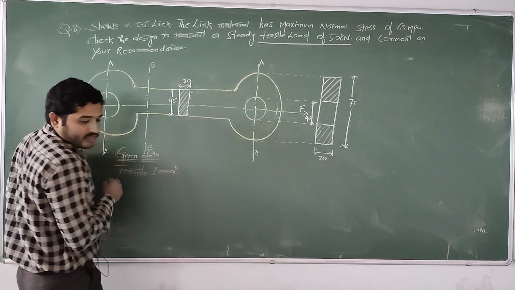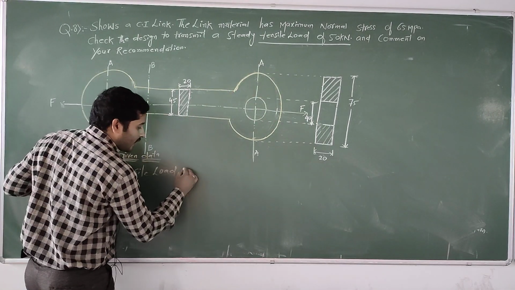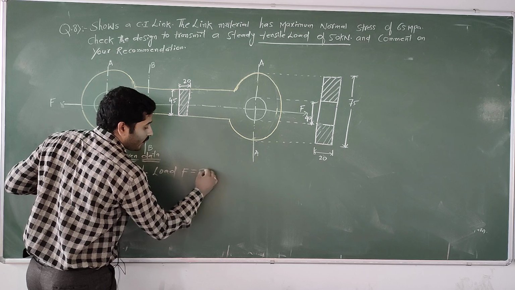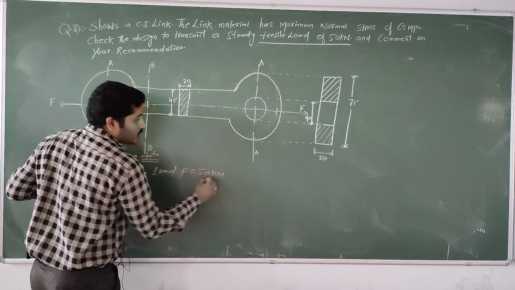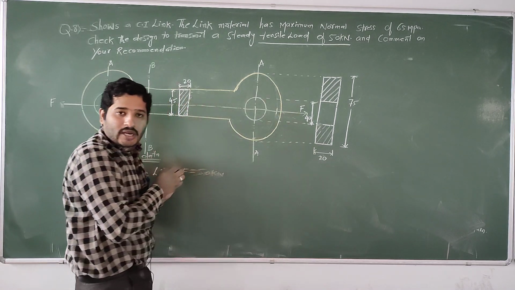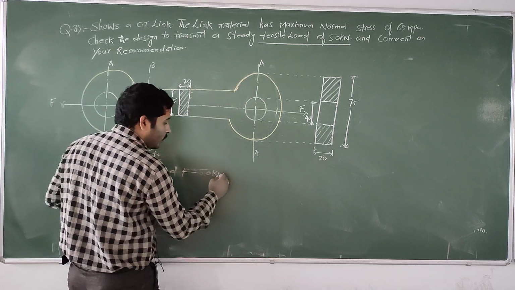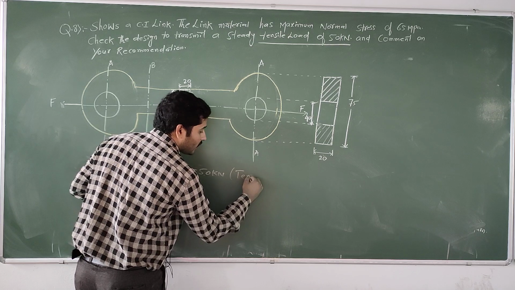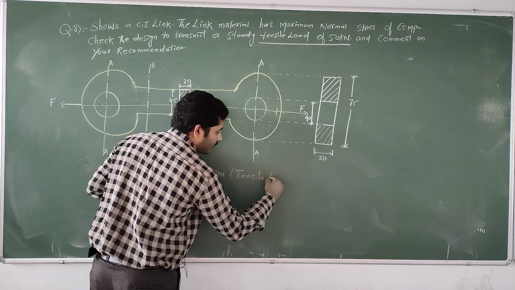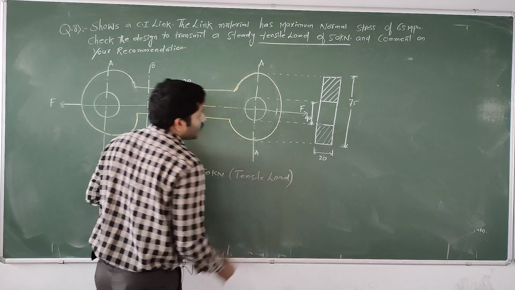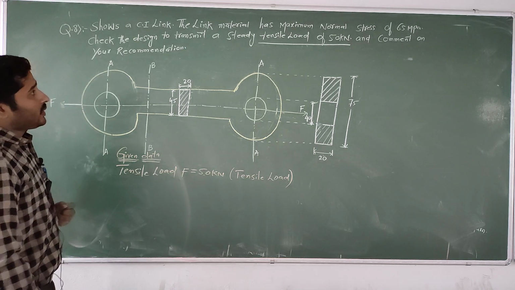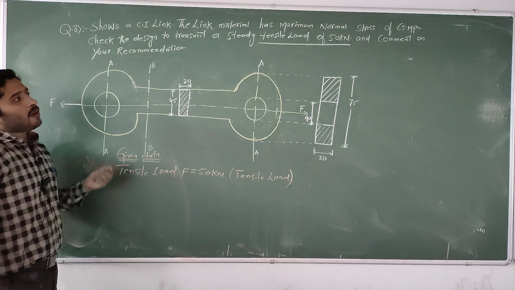F is equal to 50 kilonewton is given. So what is the nature? The nature is tensile nature. So 50 kilonewton tensile load is acting on this bar. Tensile. So next one, the allowable, the maximum normal stress.